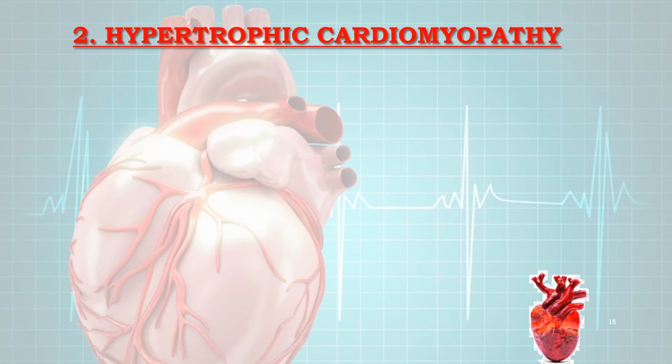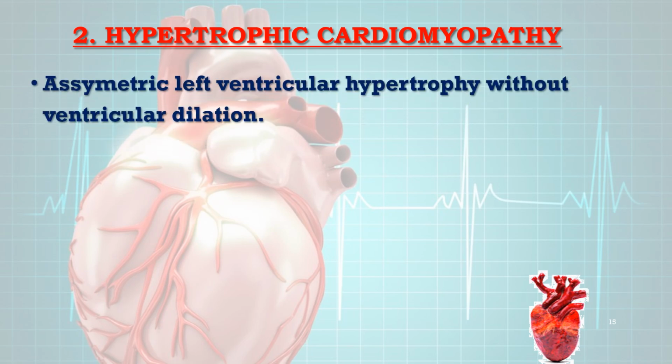The second type of cardiomyopathy is hypertrophic cardiomyopathy. In hypertrophic cardiomyopathy, there is an asymmetric left ventricular hypertrophy without ventricular dilation. So the size of the ventricle is the same, but there is increased thickness of the myocardial wall.